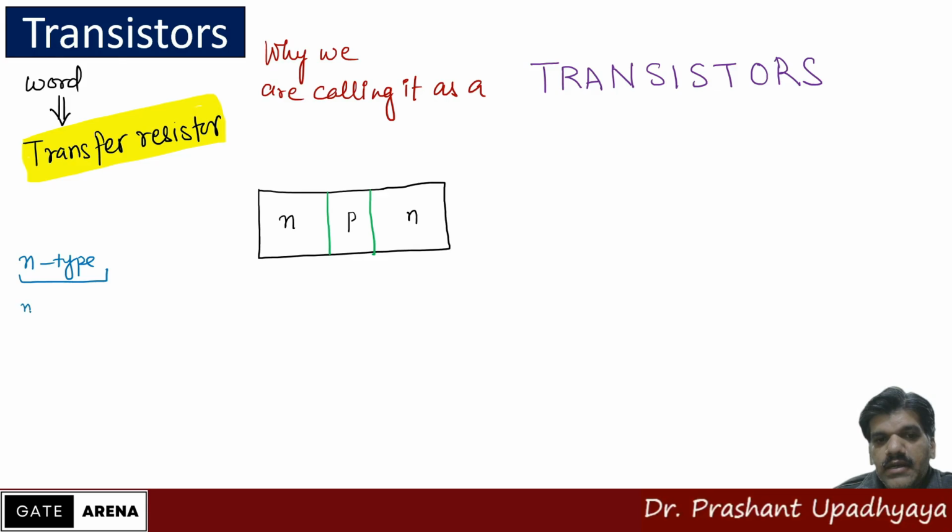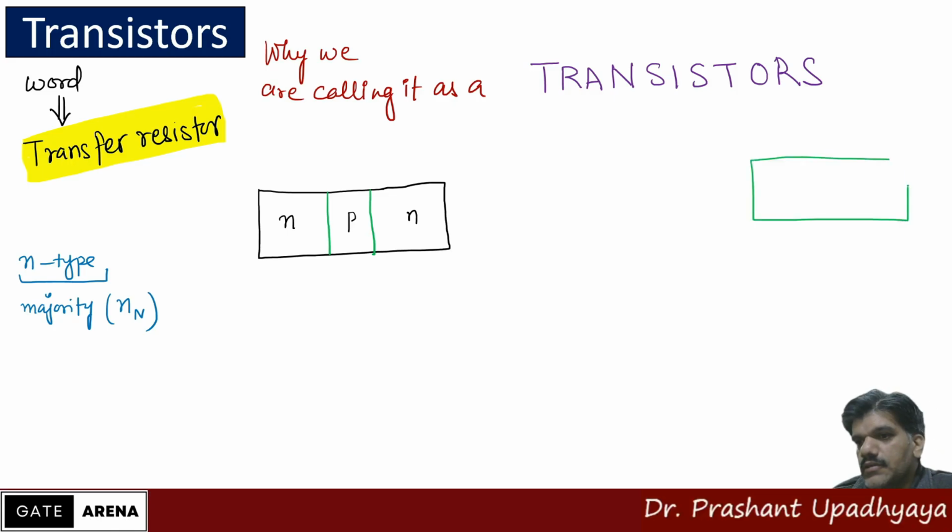So I'm writing here majority is my electron, and you remember I have represented it by the N. And when we are talking about the PNP transistor, I'm drawing here my P N P transistor, and I'm separating it like this.